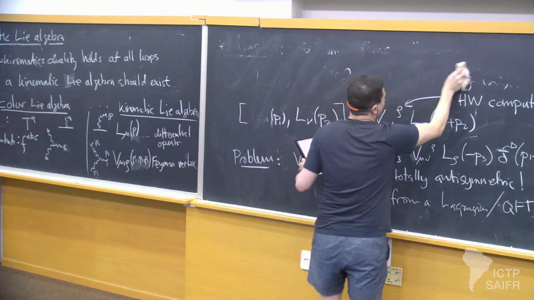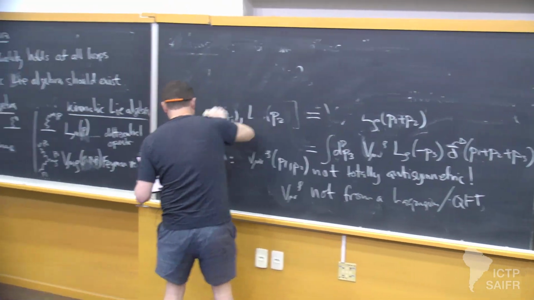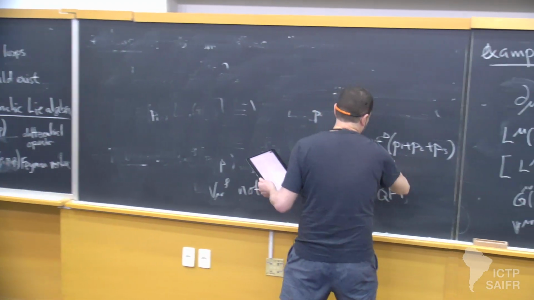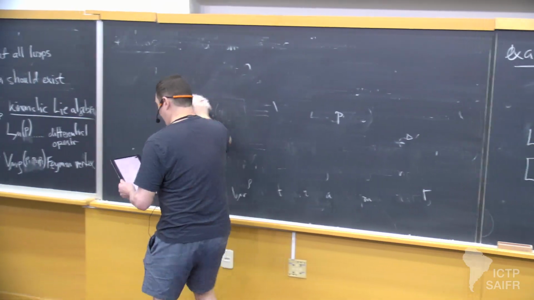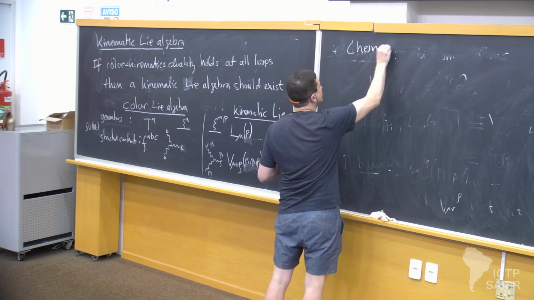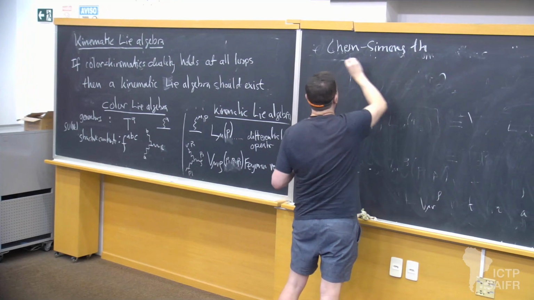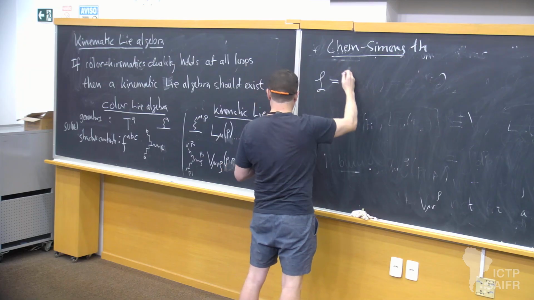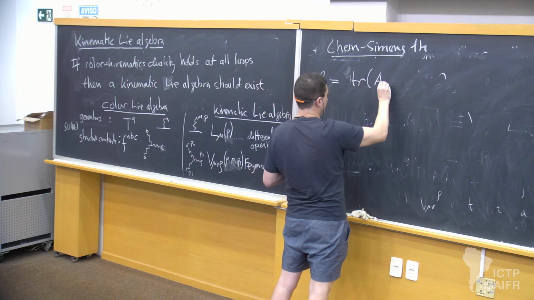Let me say maybe a few more things about Chern-Simons theory, because otherwise there might be some confusion. So you might know that it's topological. So what exactly are we computing, right? Certainly not amplitudes. So the Lagrangian is basically just a trace of, people usually use this form notation.